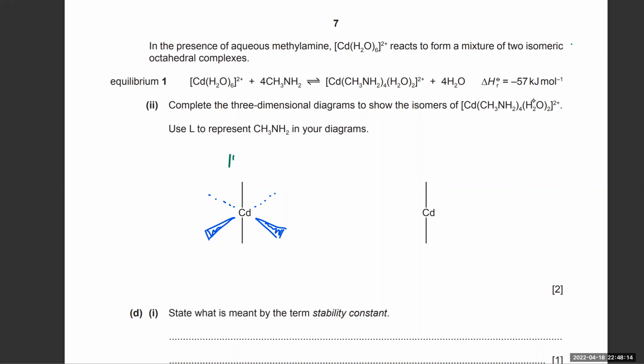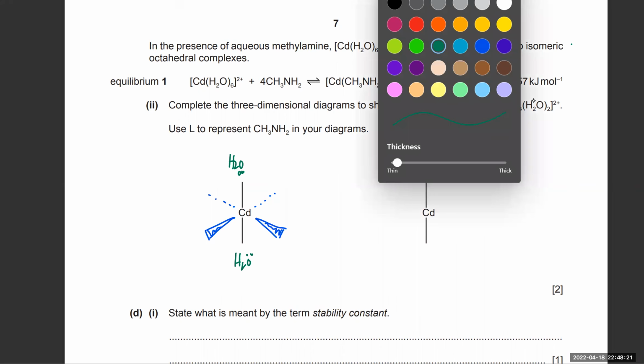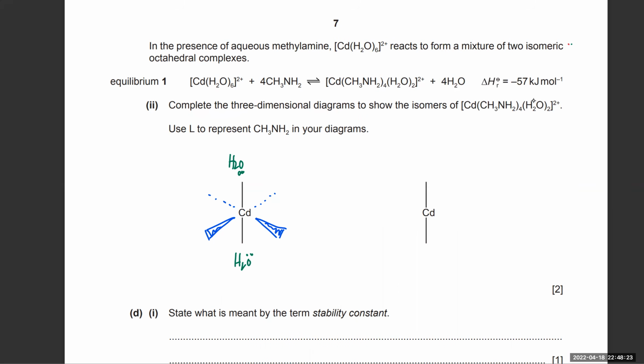There are 2 water molecules. The water molecules could be on opposite sides with their lone pairs. So this one is trans, right? And the CH3NH2s, so you have NH2 and CH3, another NH2 and CH3, another NH2 and CH3.